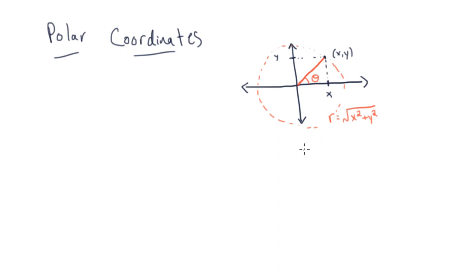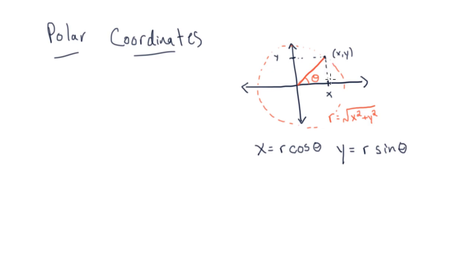I can say that x is equal to r, the radius, how far I am from the origin, times the cosine of theta, so the adjacent side. And then I can say y is equal to r sine theta. Like that, right?